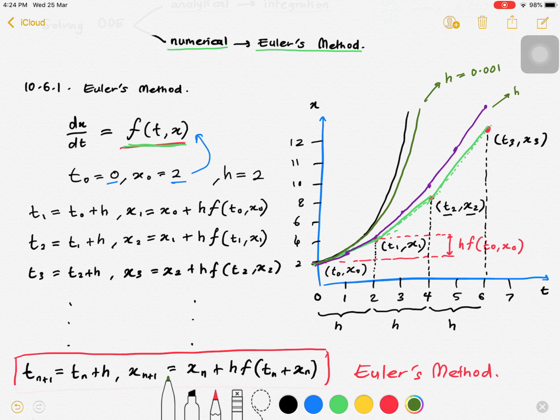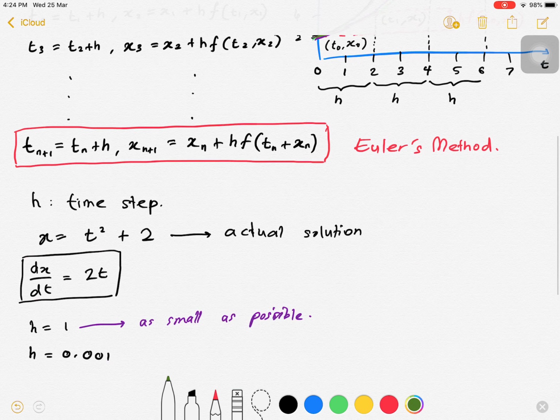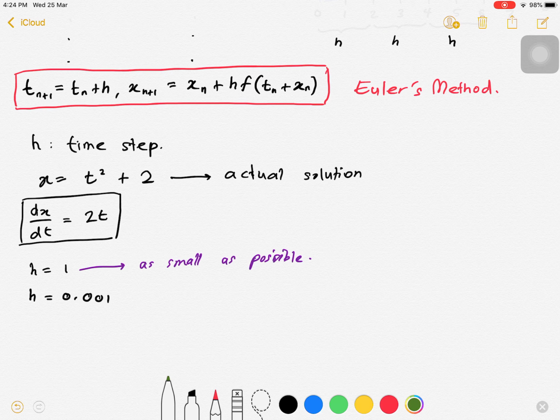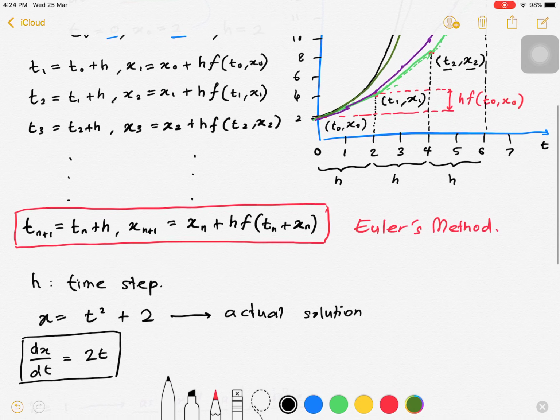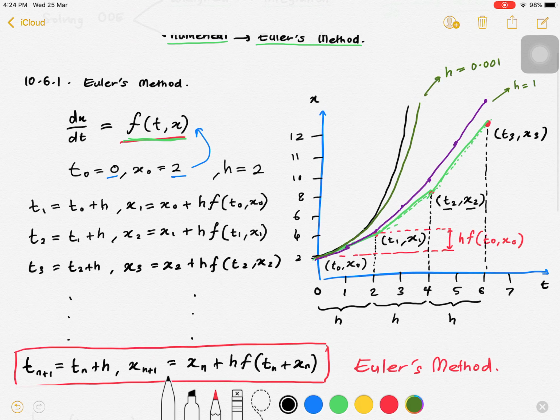So this one is h is equal to 1. Okay, so we want to make sure that the time step is as small as possible. But the problem is, when we make the time step very small, we will need to do so many calculations.